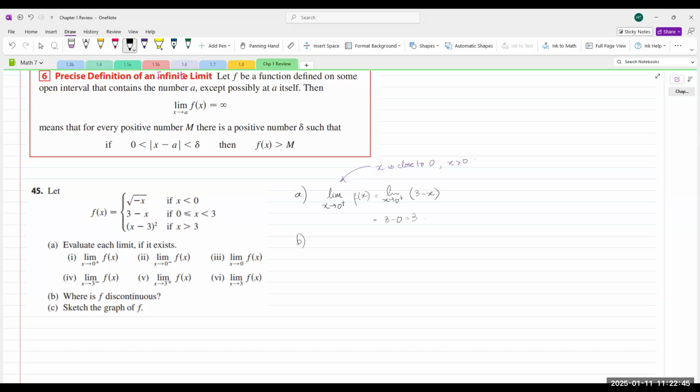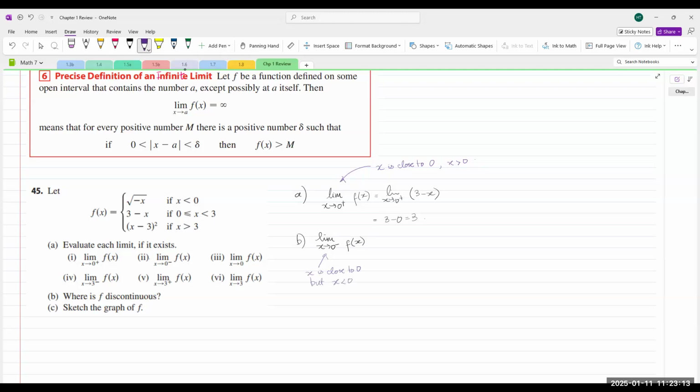Okay, for part B, limit as x approaches 0 from the left hand side of f(x). Okay, this means x is close to 0, but x is less than 0.